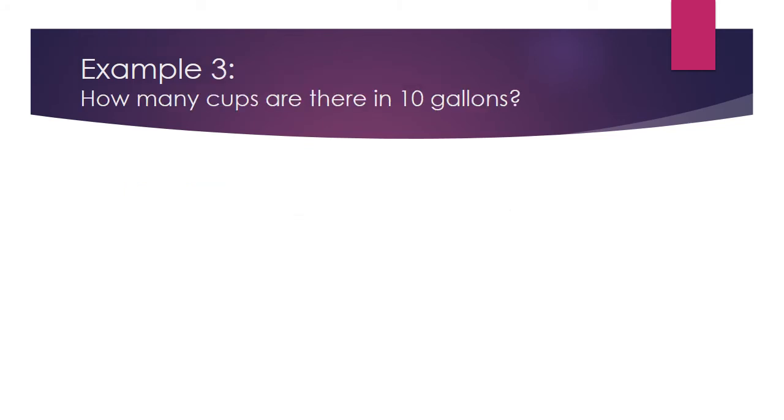So let's take a look at our last example. How many cups are there in 10 gallons? And to be able to answer this question, I'm going to have to look at what's given to me. And what's given to me in this problem is 10 gallons. I'm going to use my reference sheet now to try and find a piece of information or a fact that can help me change gallons into cups.